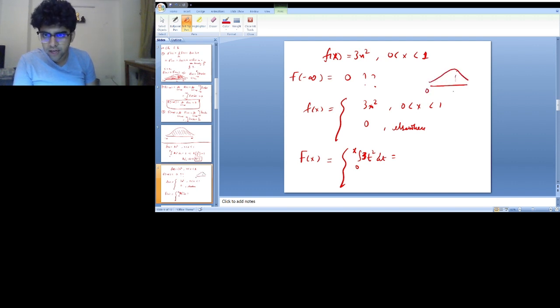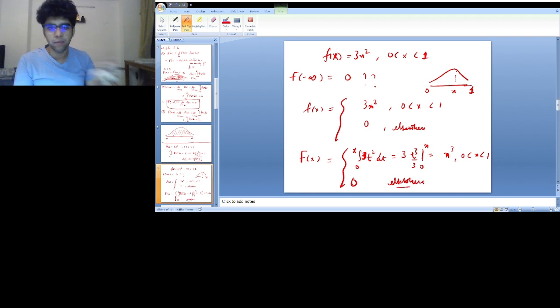So we are finding the CDF over any x lying between 0 and 1, right? It can be 1 also, but I'm just writing this as 0 to x. So this will give me 3t cube upon 3 over 0 to x, which will give me ultimately, 3 and 3 will go away, x cube minus 0, so this will give me x cube for x lying between 0 and 1, and this will be 0 elsewhere, because we don't have any PDF over the limits.